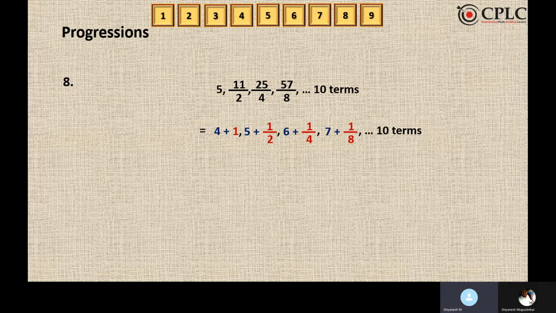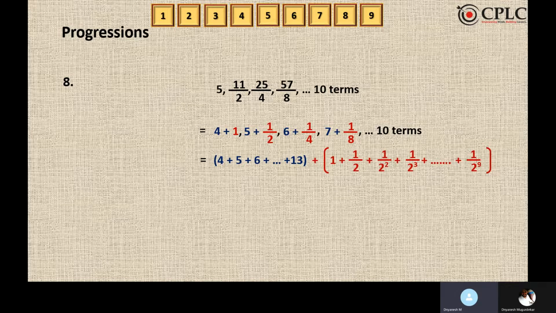And we were supposed to add all these numbers. So further, we'll separate out the integers and the fractions. The integers start from 4 right up till 13, which is an AP, and the fractions are a GP with common ratio half.